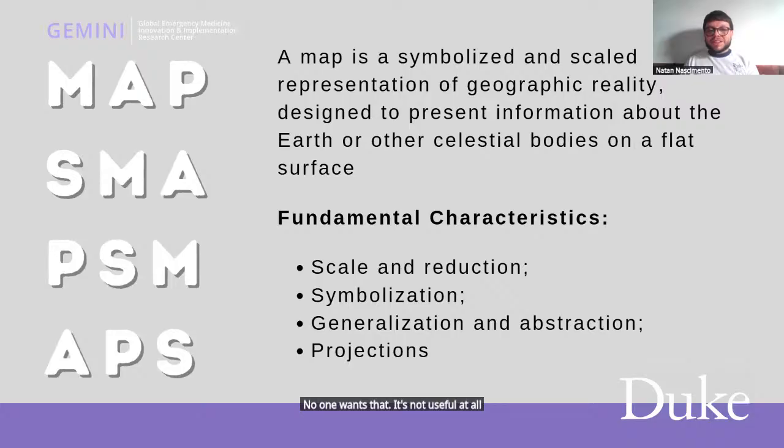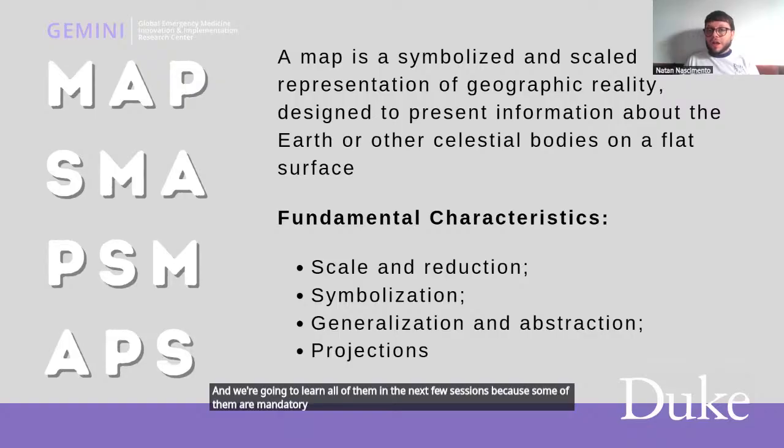It must be symbolized. So all of those symbols have a meaning, and we're going to learn all of them in the next few sessions because some of them are mandatory. We cannot have a map that does not have any symbols. They must have them.